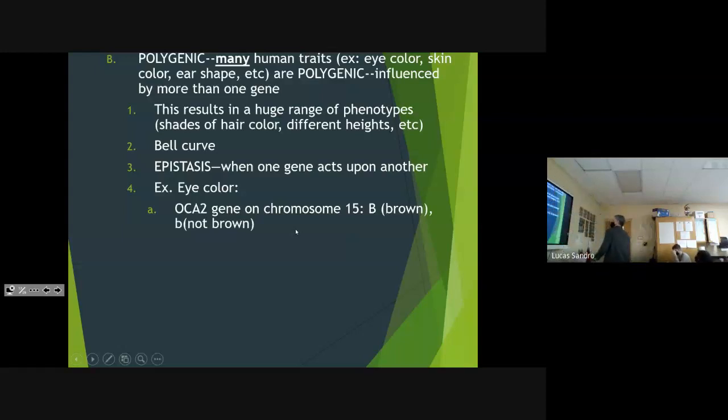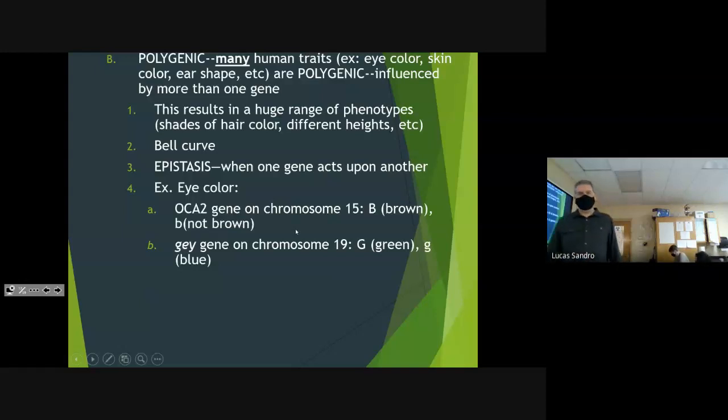So here's what happens. The other gene called GEY is on a different chromosome and codes for green and blue, and green is dominant to blue. But you don't even see that second gene unless you're recessive for the first gene.